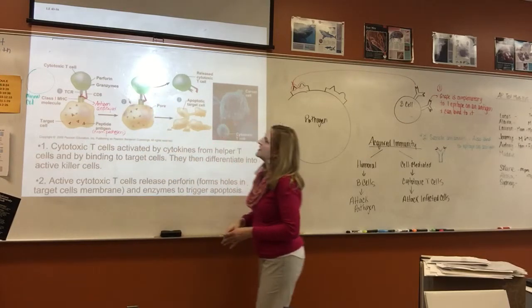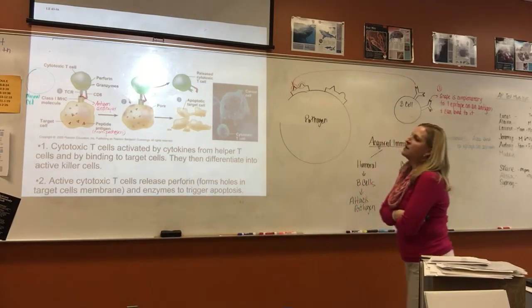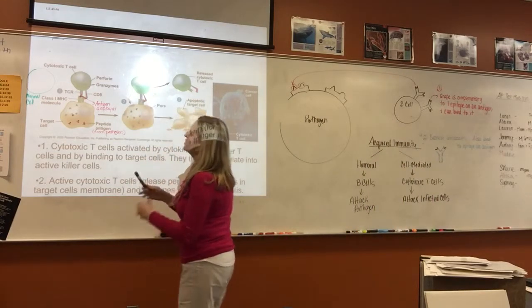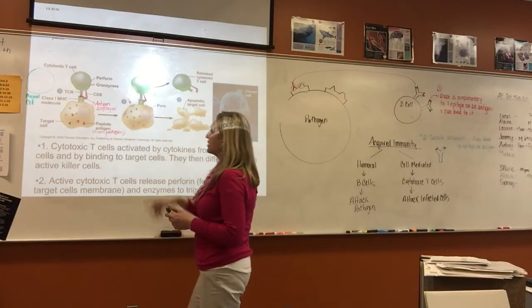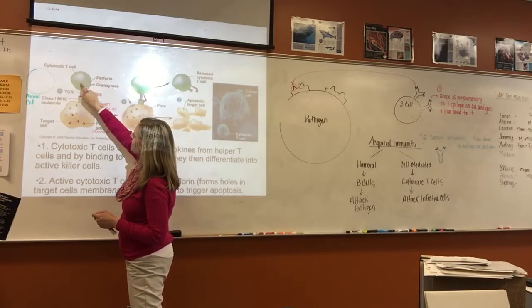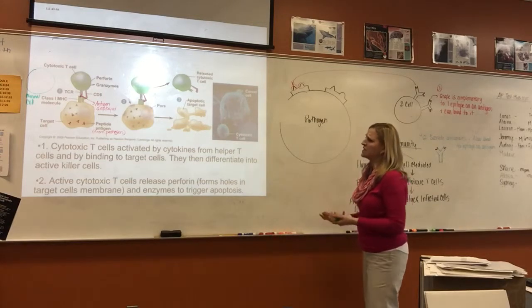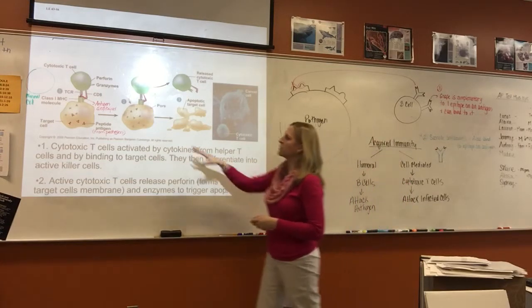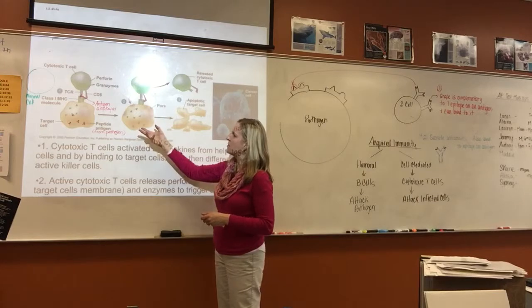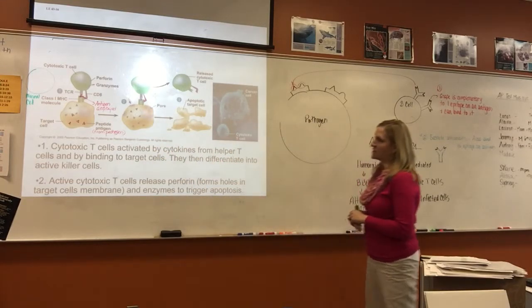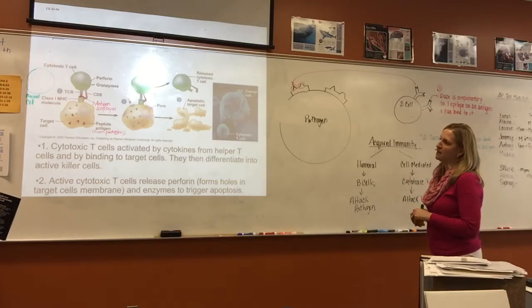And then, as we see here, what this binding does is trigger the cytotoxic T cell to release this molecule called perforin. So it's already there. It releases that perforin, and it goes to the target cell, which forms holes in the target cell membrane, which then eventually triggers apoptosis and the cell to die.